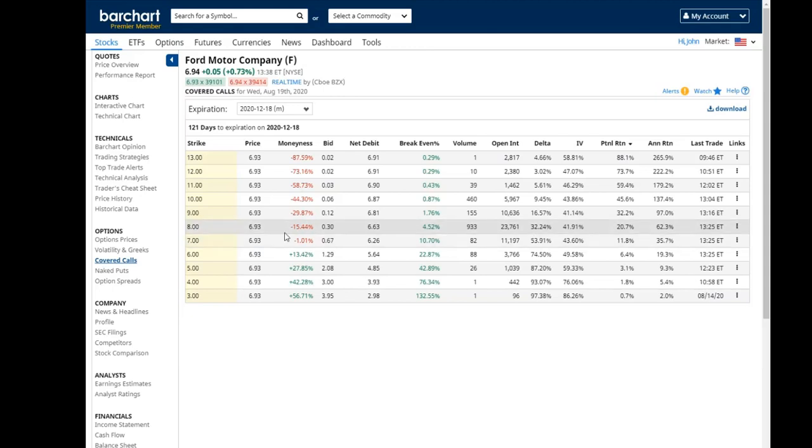So if I have a stock that I like, I own, and I don't have an emotional attachment to it, I won't be afraid to look at the strike that could be at the money, right? And you can see the $7 strike here is at the money, right? Our current price is, you know, around $6.95, give and take 5 cents.